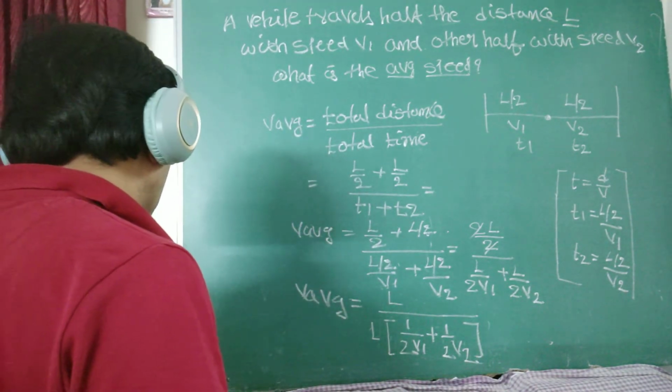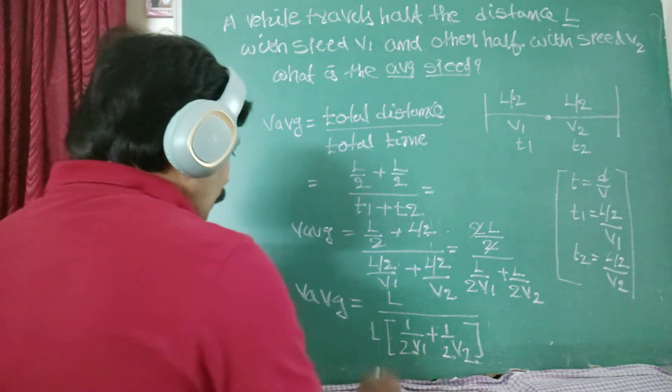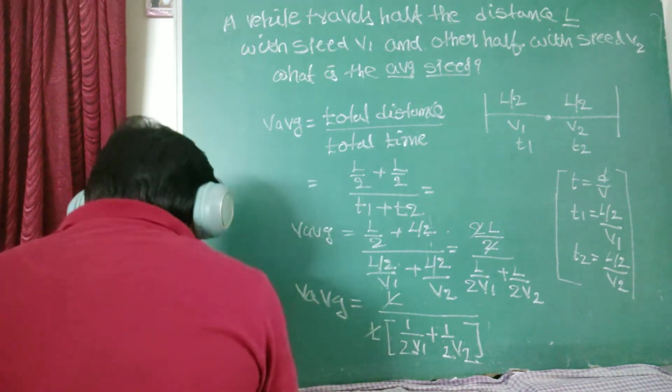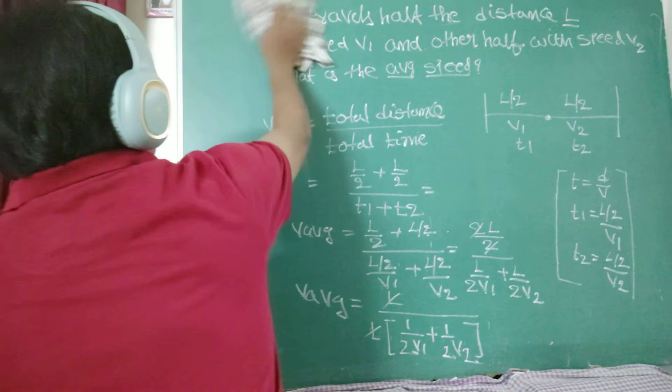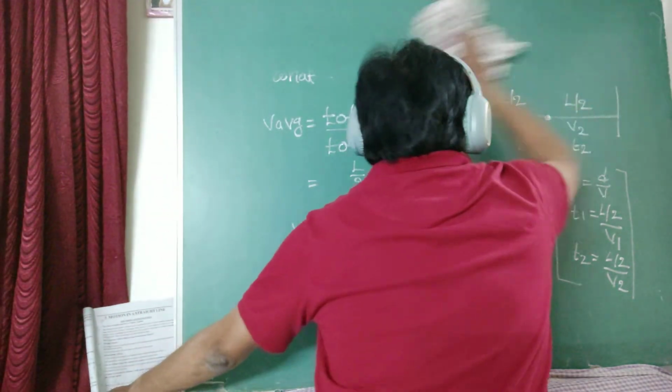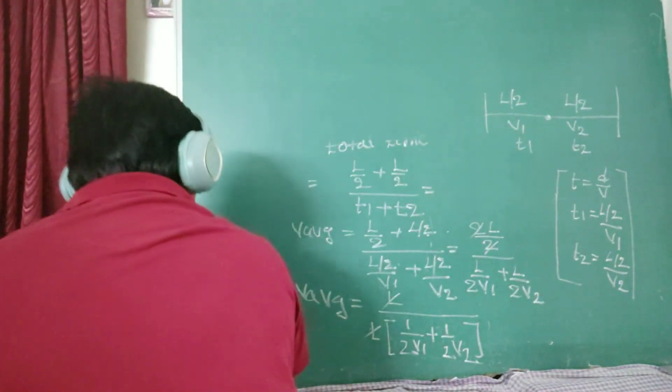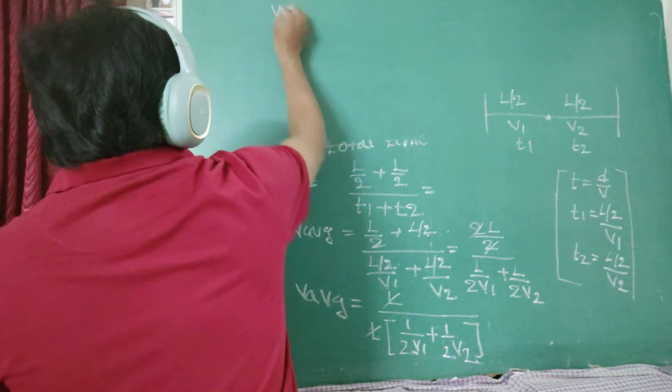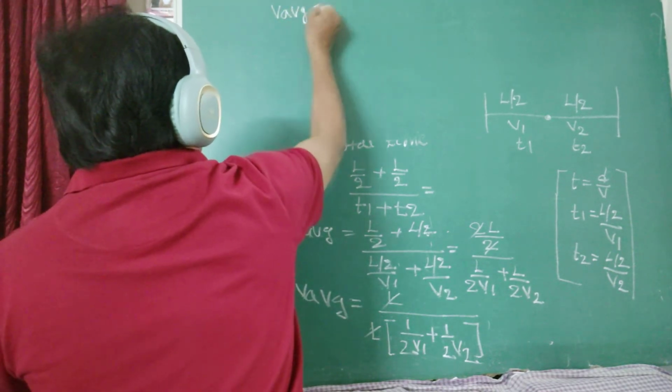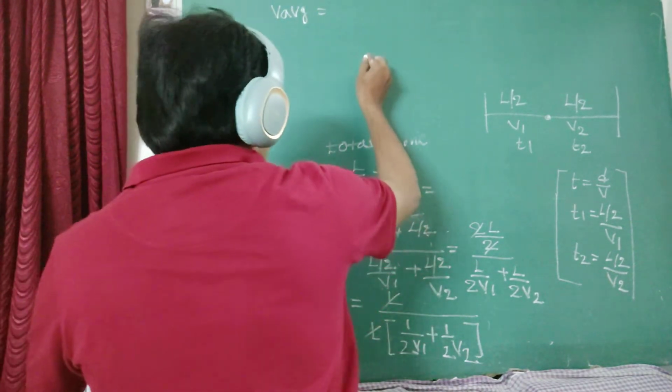Write that step. Now L and L get cancelled. Going to this step once again, the average speed equals what value?